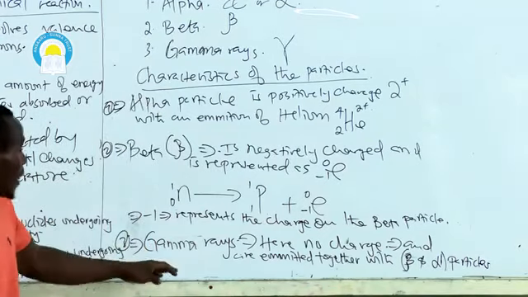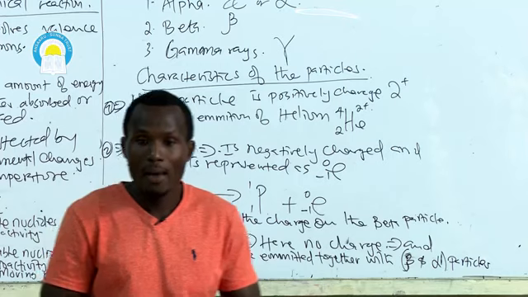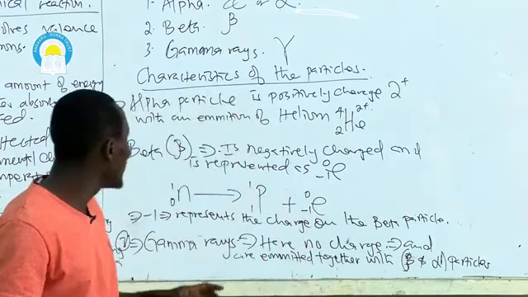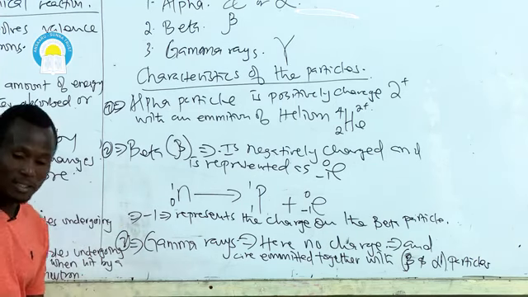So this gives us some of the characteristics of the particles that are being emitted: the alpha particle, the beta particle, and the gamma rays.